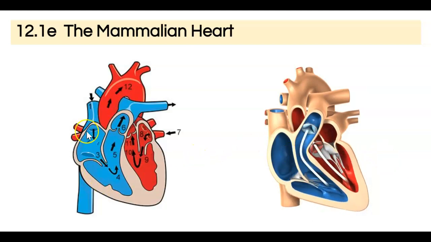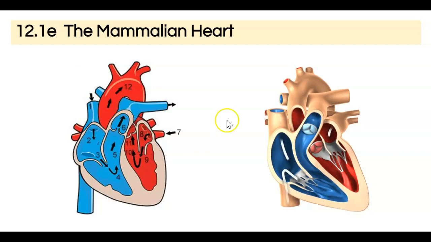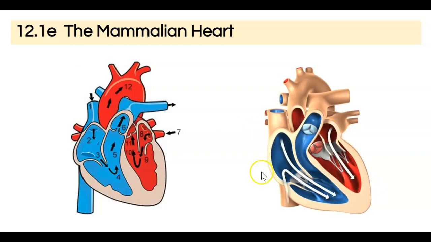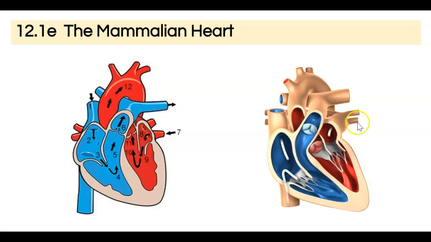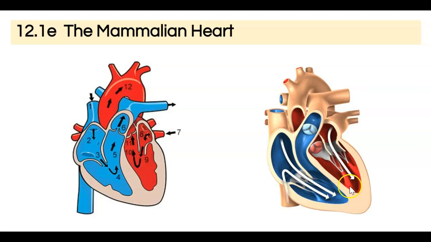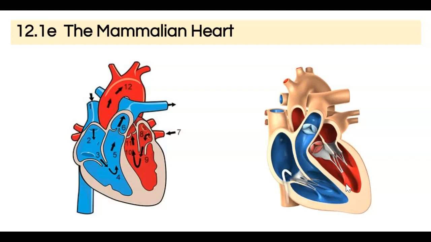I'm talking about the blood flow as though it's a singular molecule moving through, but you need to know that the right and left atria are contracting at the same time, and the left and right ventricles are contracting at the same time, just pushing different volumes of blood to different places. So that's all happening simultaneously.